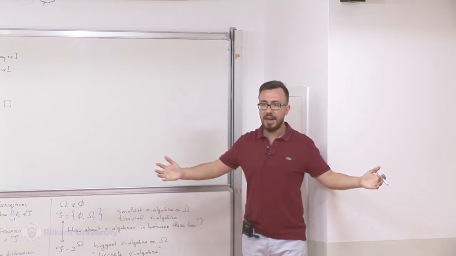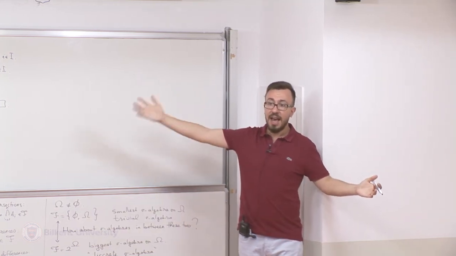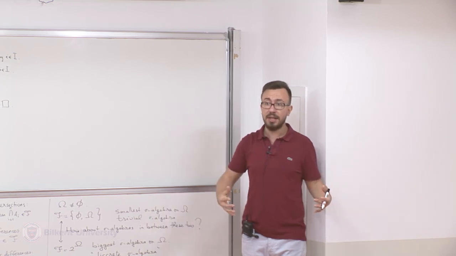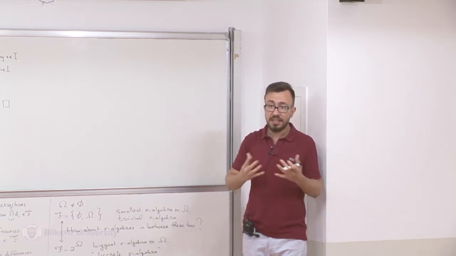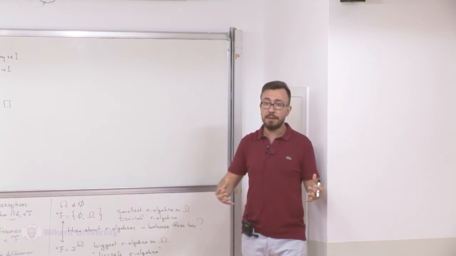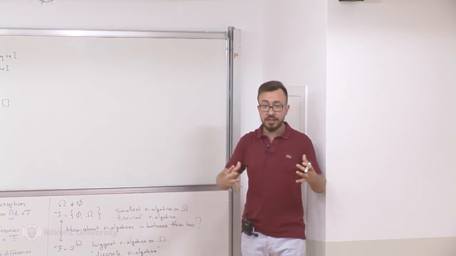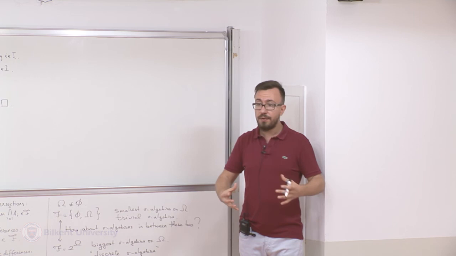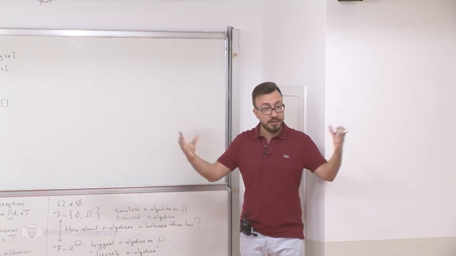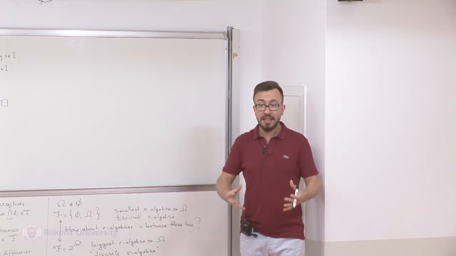Just intersect them, right? You're going to get another sigma algebra. And this is going to be the smallest sigma algebra because by definition, it is the intersection of all those sigma algebras. So the intersection is always the smallest set, right? If you have a bunch of sigma algebras and their intersection is a sigma algebra, that is the smallest such sigma algebra.